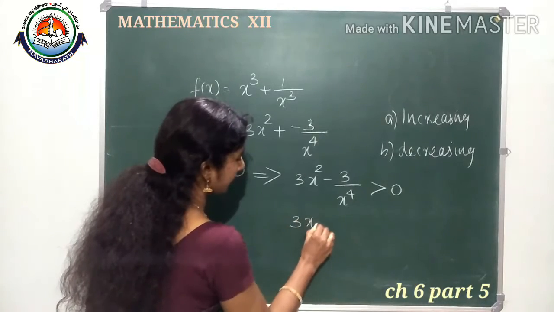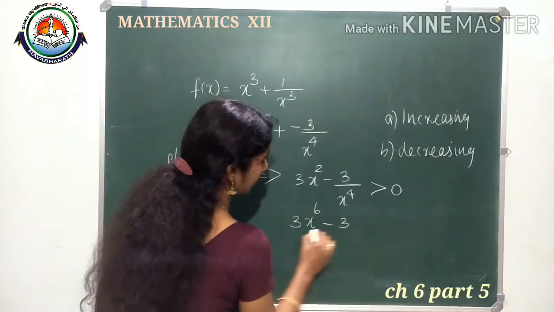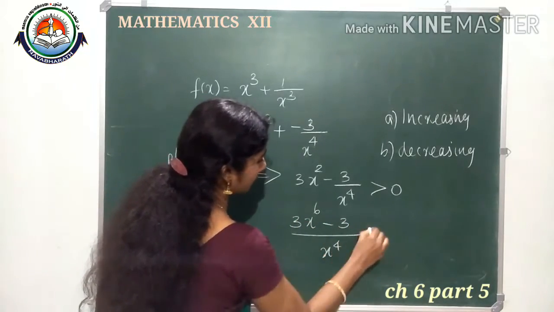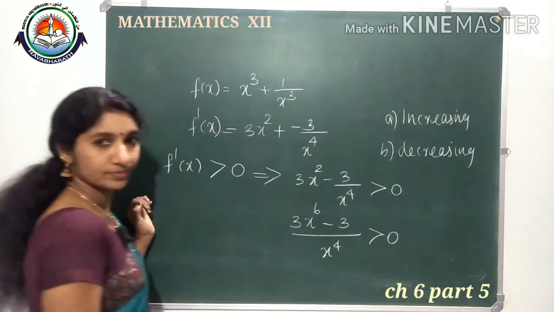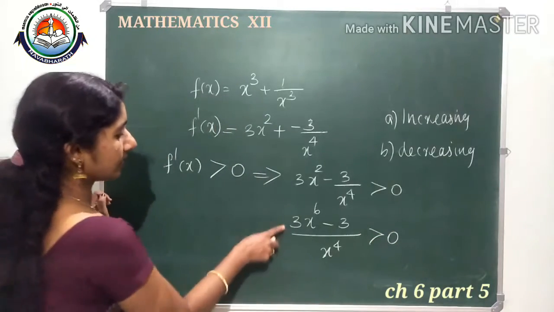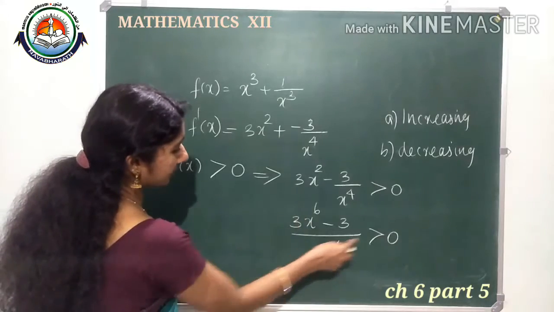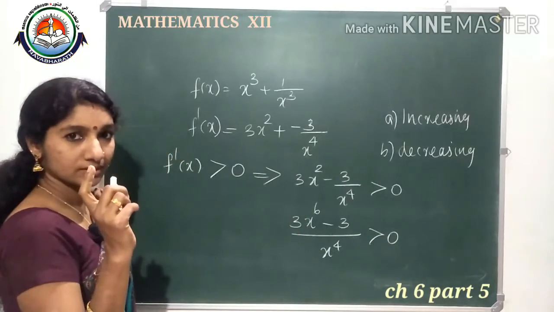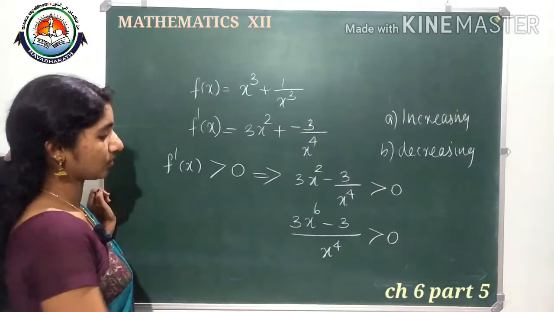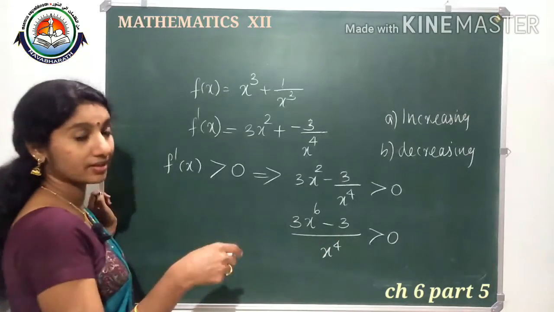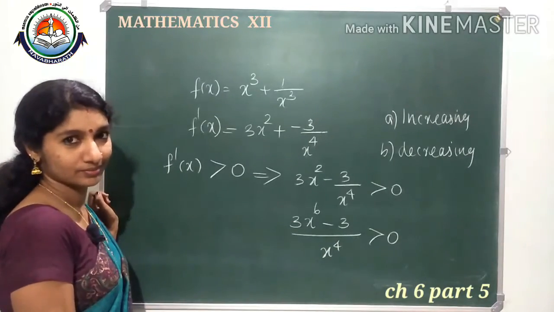We are getting 3x raised to 6 minus 3 divided by x raised to 4 greater than 0. So, here one fraction greater than 0 means its numerator greater than 0. This will not be 0 because it is given in the question x not equal to 0.